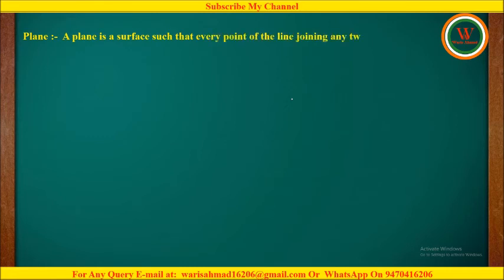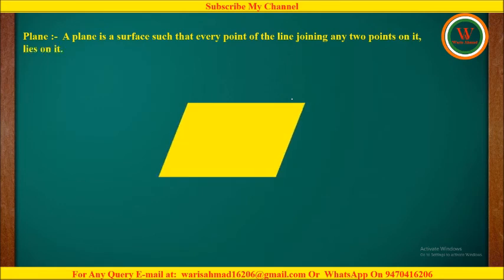Now the next topic is plane. A plane is a surface such that every point of the line joining any 2 points on it lies on it. Let us consider a plane, and suppose there are 2 points on this plane, point A and point B. Since from these 2 points we can pass a straight line, hence we can say that this is a plane.